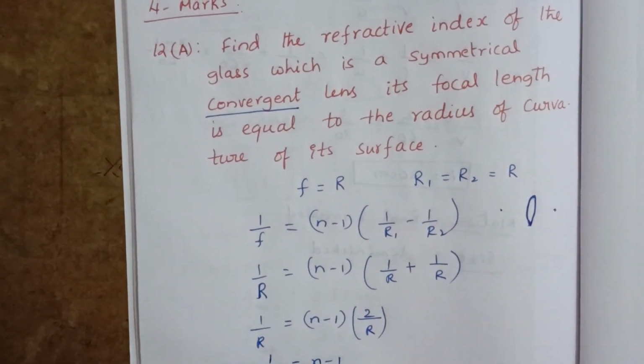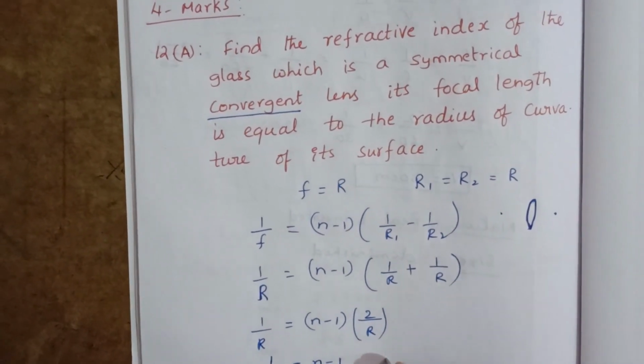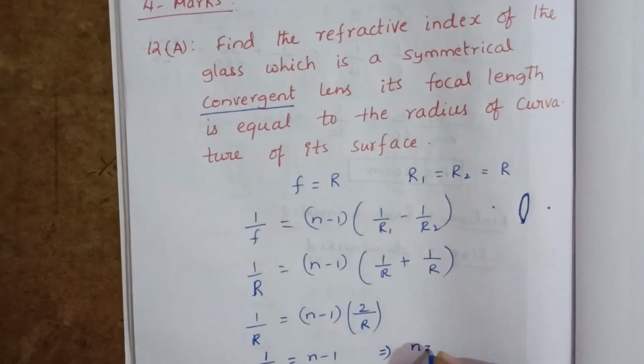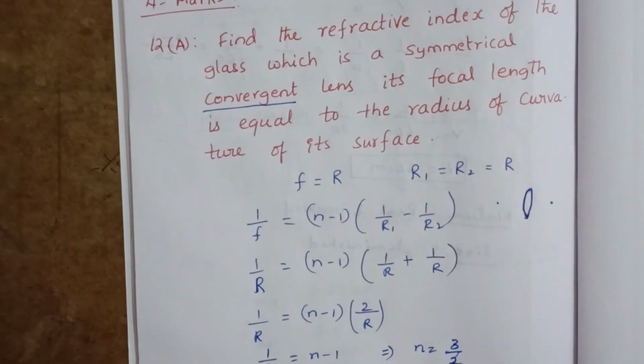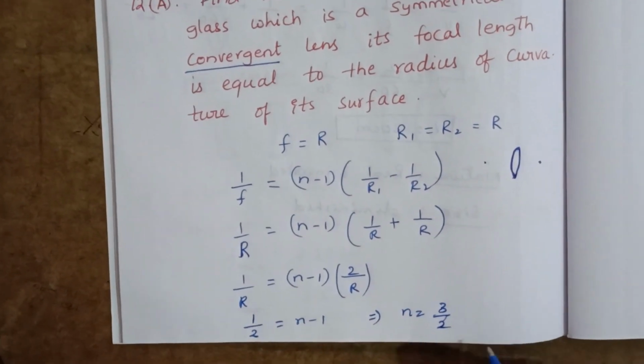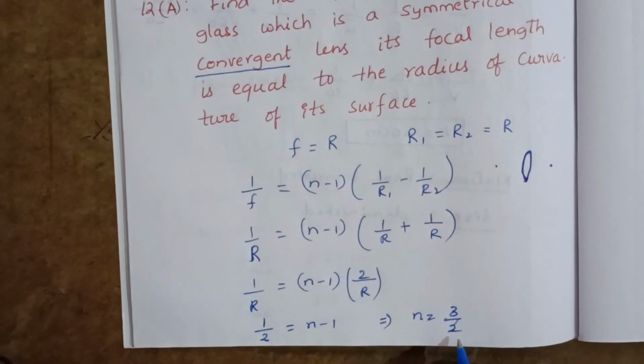Minus 1 also coming this side, plus 1. So n equal to 1 by 2 plus 1, which is 3 by 2.